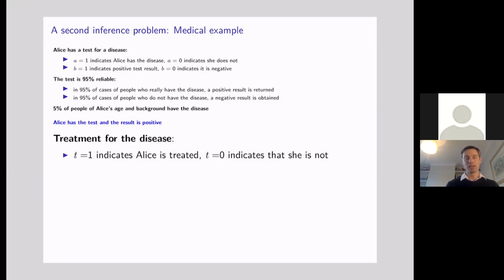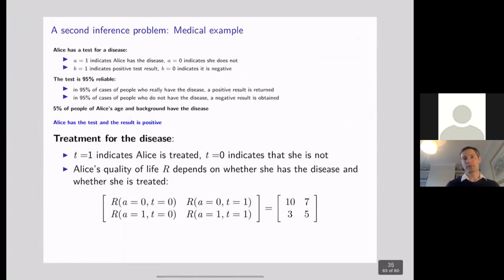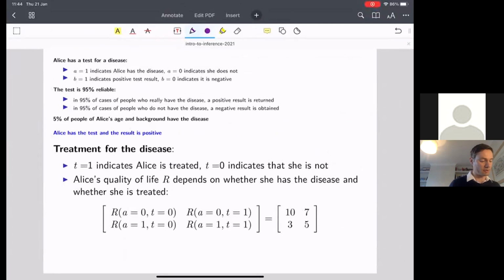And based on some medical trials, we've got some measurements of people's quality of life when they undergo treatment, in the cases where they have the disease and in the cases where they have not, i.e. the control arm of the trial. So here are some quality of life figures that have come out of that trial, and they're sort of displayed in this little matrix. Let me talk through the elements of this matrix, but I think it's fairly intuitive.